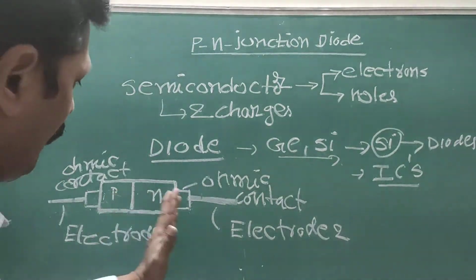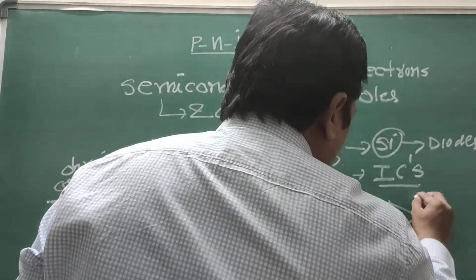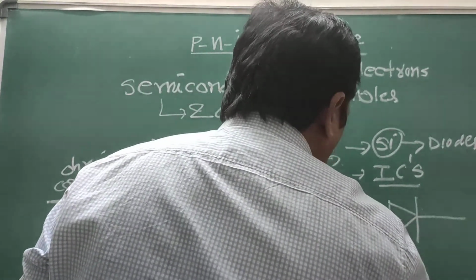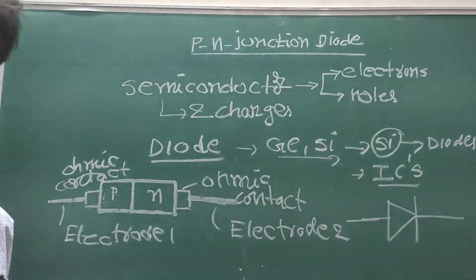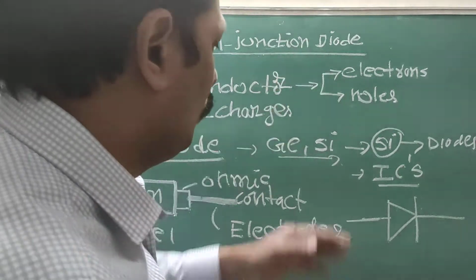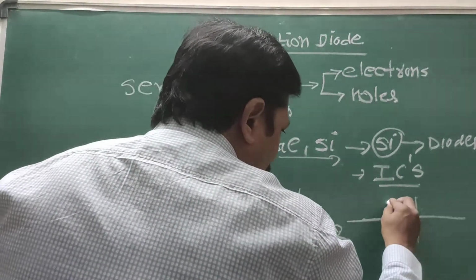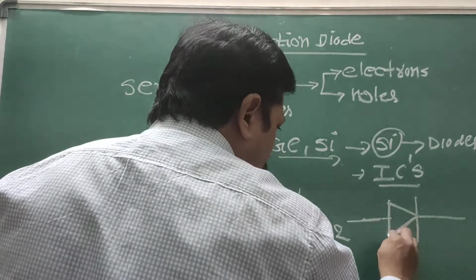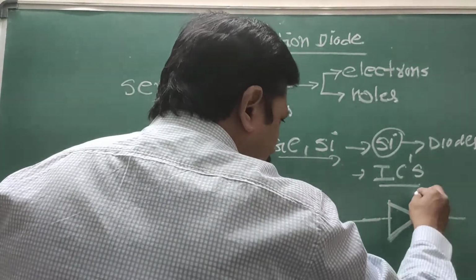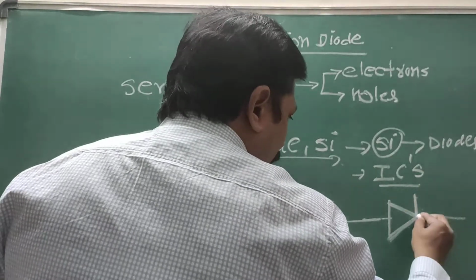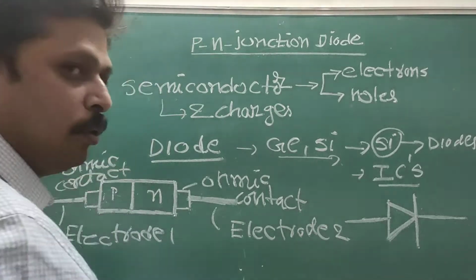Okay. Come to the symbolic representation, because we very frequently use this symbol in all kinds of semiconductor devices. One of the basic devices is the diode. That is a basic symbol. Now observe, it is a triangular shaped symbol. At the edge is connected one vertical lead, with a long lead, and on the opposite side also one more long lead.